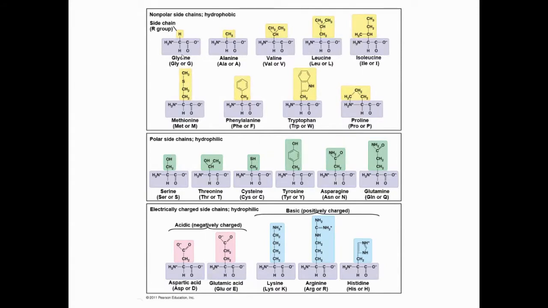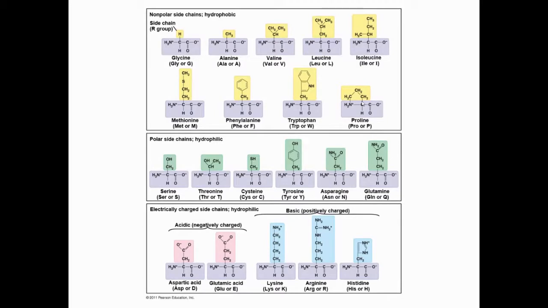And the proline. Here you see the proline. The proline has a ring structure, and in the ring you have this nitrogen here, the amino group, bound to 2 carbon atoms.